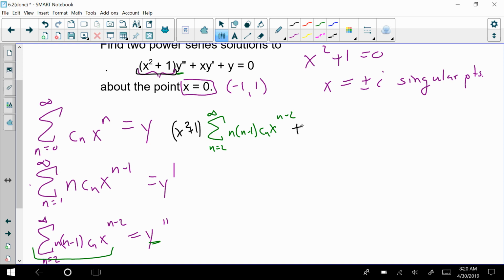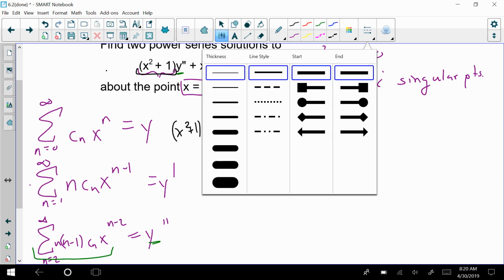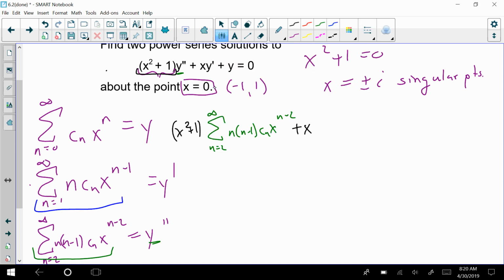Then I have plus x times the blue one, the summation n equals 1 to infinity of n c sub n x to the n minus 1.